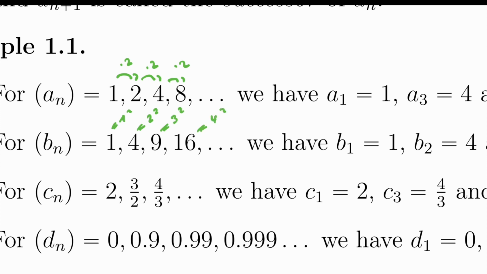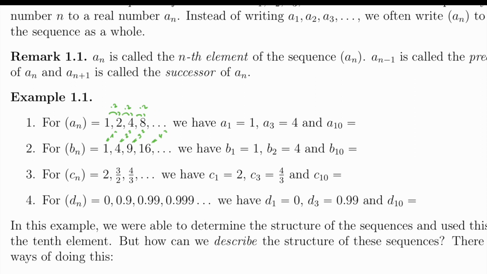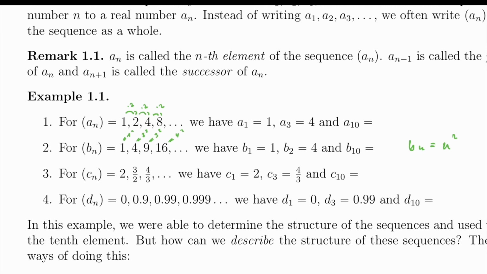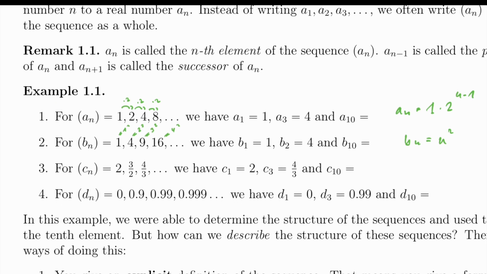And then this would lead you here to the general description, bn is just n squared. And here, you start with 1, then you do 2 to the power of n minus 1 again, because you multiply by 2 n minus 1 times.